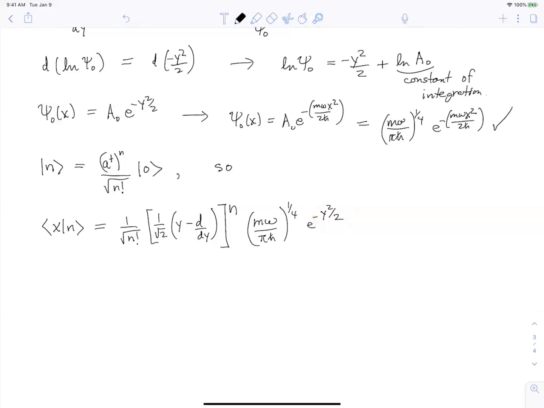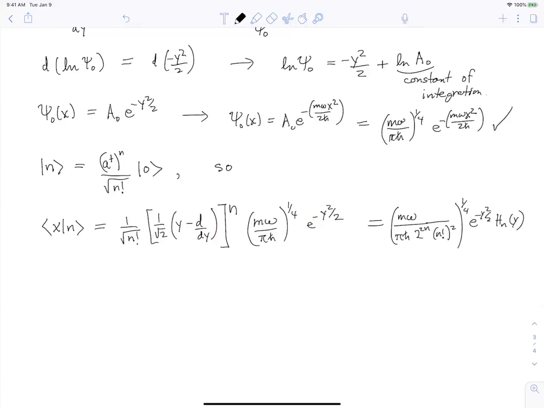And what we learned before from the position representation is this was the following: (m omega over pi h bar, 2 to the 2n, n factorial squared, all of that) to the 1/4 power, times e to the minus y squared over 2 times the nth Hermite polynomial.